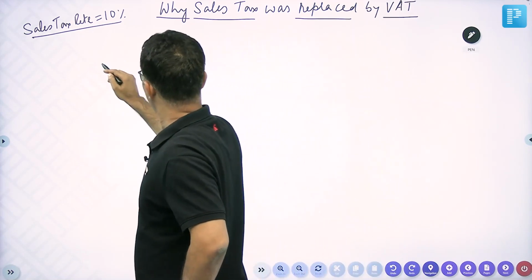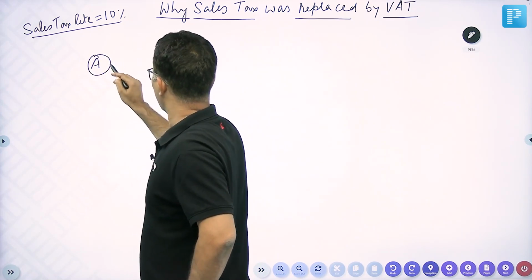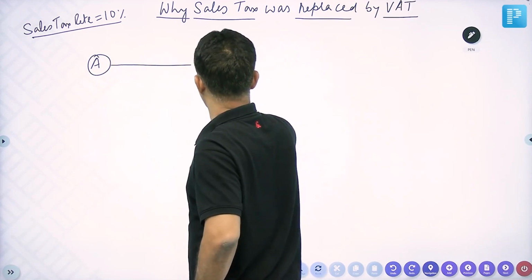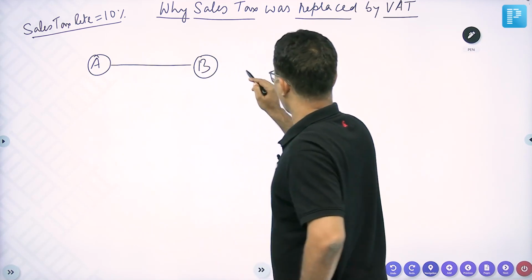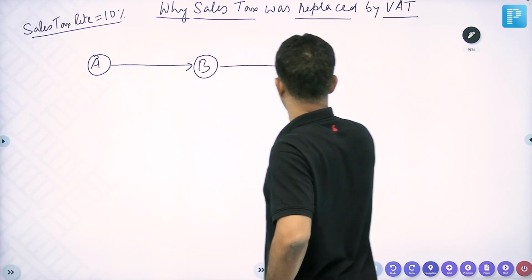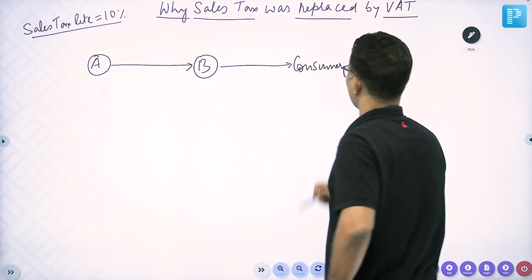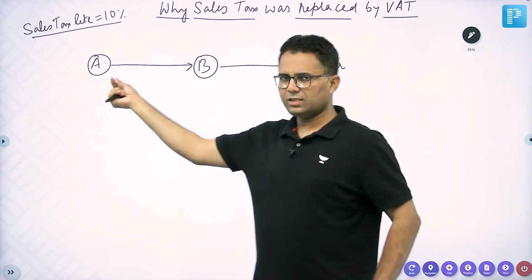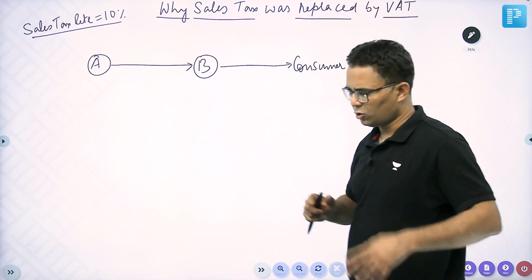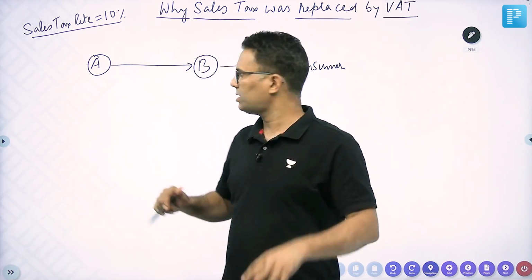So let's say this is A. A sold something to B, and B sold something to the consumer. So A is a business entity, B is a business entity, and C is the consumer. So A produced goods worth rupees 100.